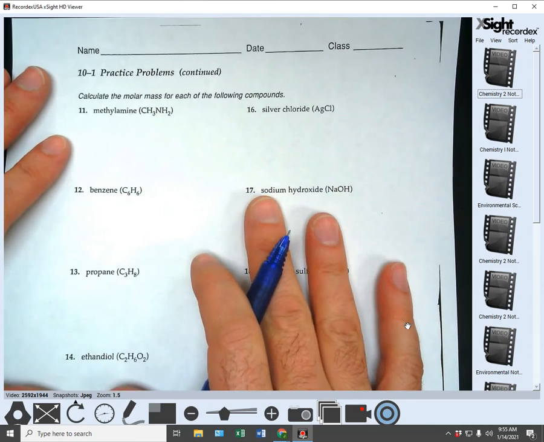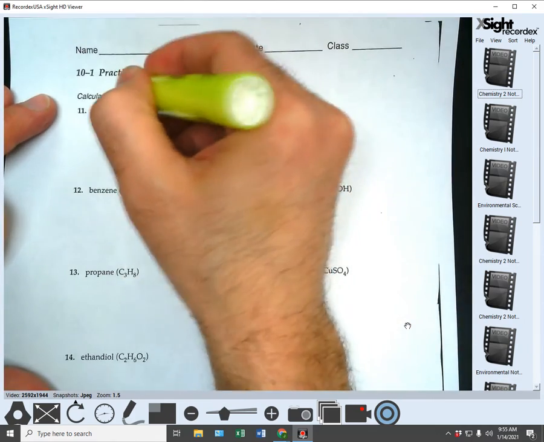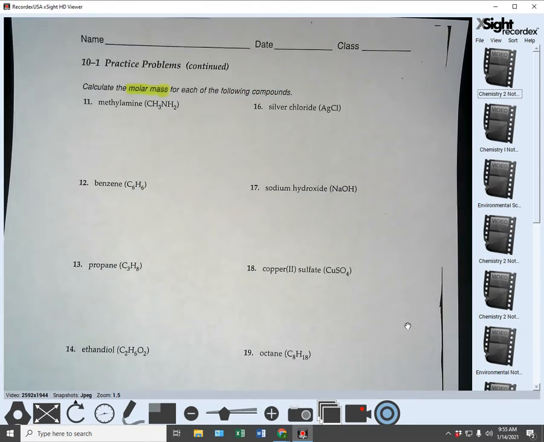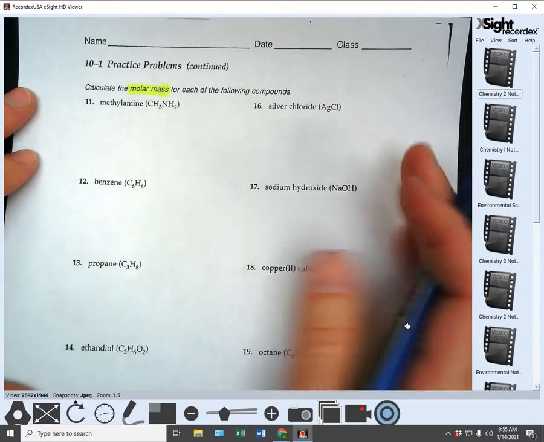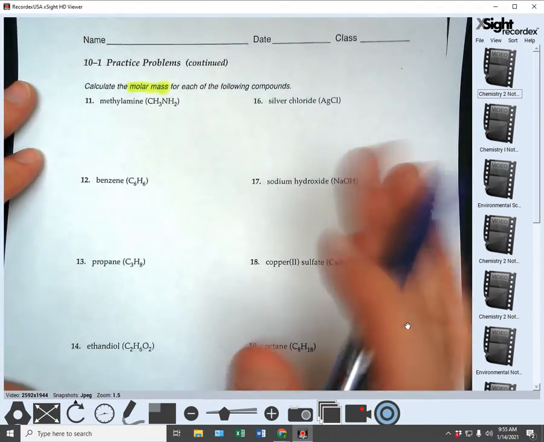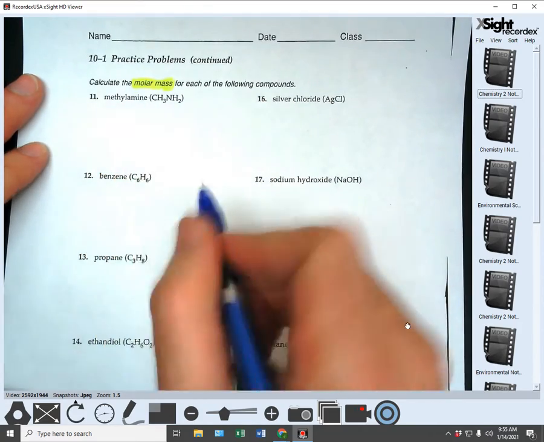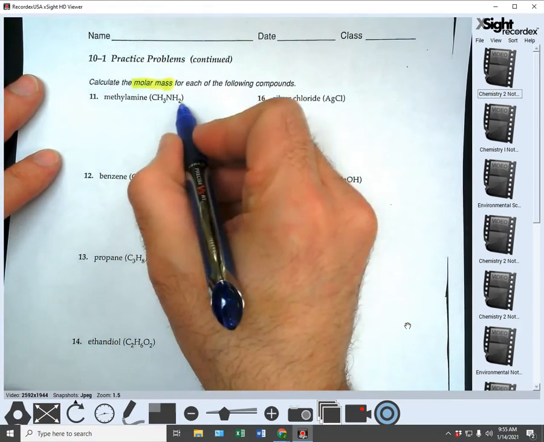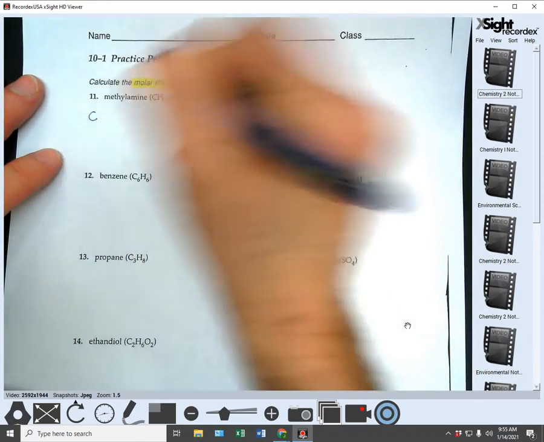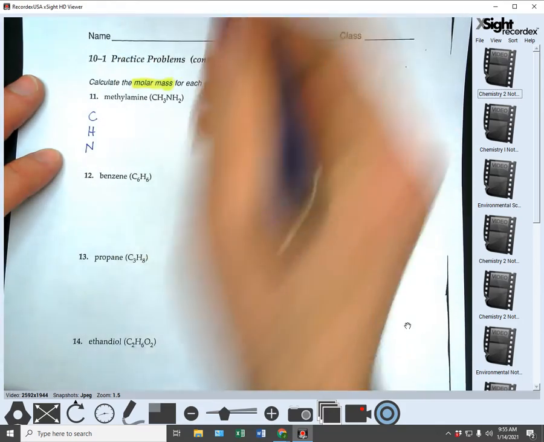Second page, it wants molar mass for each of these. Okay. Molar mass, we do it the same way that we do the formula mass. We calculate it the same way. So for example, here, methylamine CH3NH2. So we've got carbon, we've got hydrogen, we've got nitrogen, and hydrogen again.